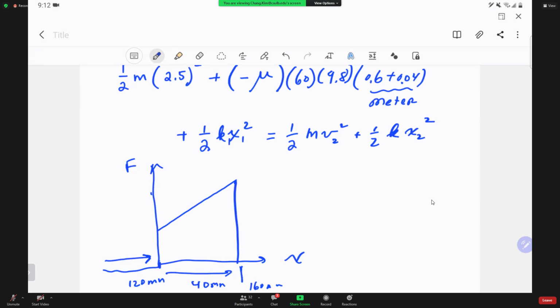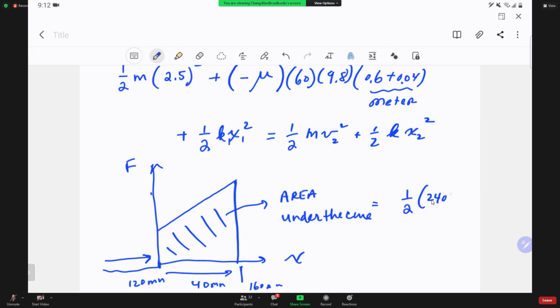The energy is defined to be the area under the curve. So this is 1/2 times 2400 plus 3200 times 40. You need to compute all this.